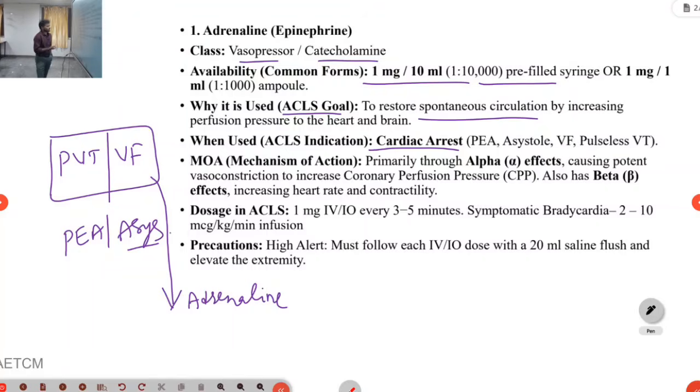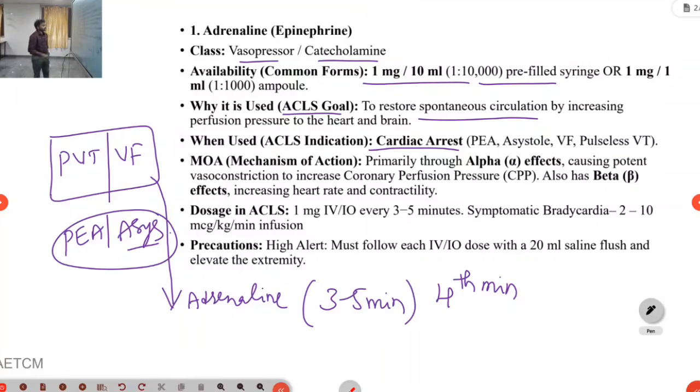After the second defibrillation you give this adrenaline, and it has to be repeated every 3 to 5 minutes, that means every fourth minute. The person taking care of medication administration has to deliver this drug and repeat it. That is for shockable rhythms of cardiac arrest.